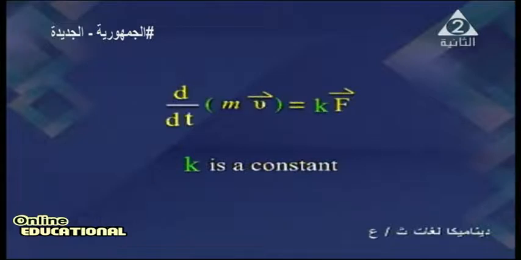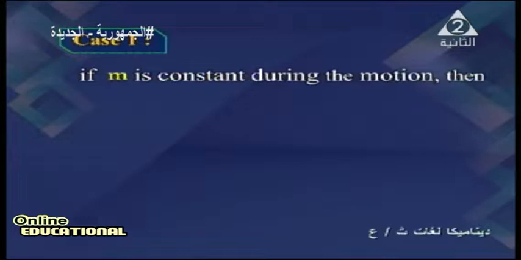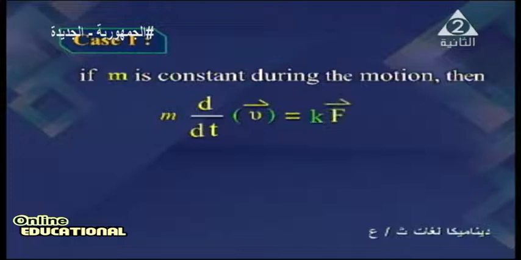We have two cases in Newton's second law. The first case: if the mass m is constant during the motion of the body, then m times dv/dt equals kF, where v and F are vectors.